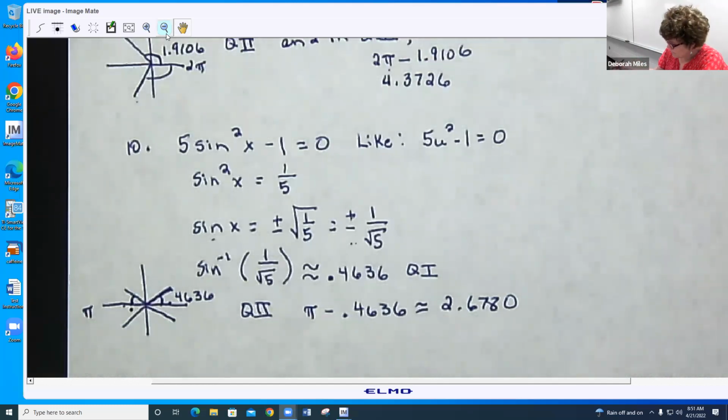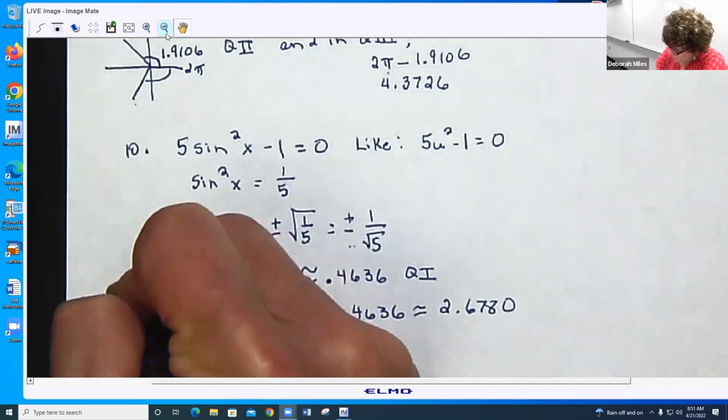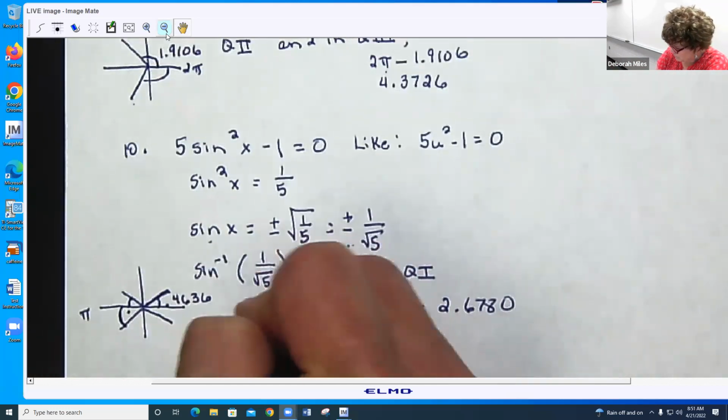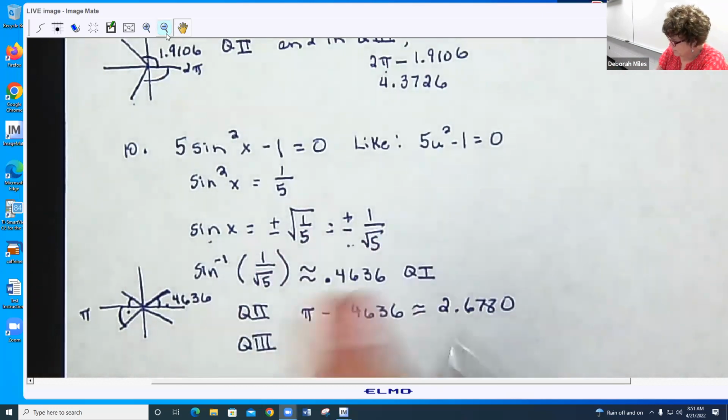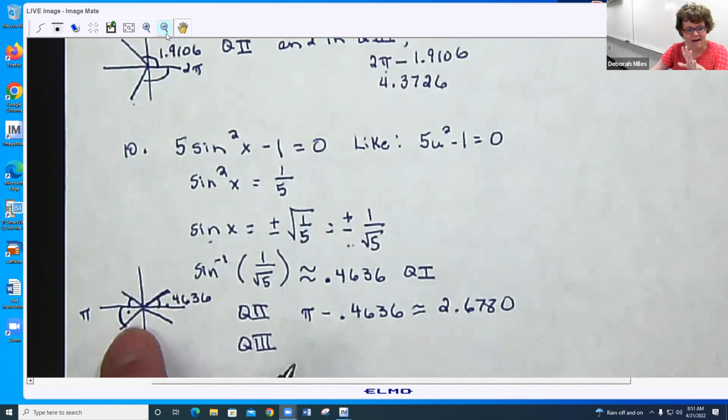All right. What about this third quadrant angle? I'm about half a radian. I'm just using about a half. How do I find the angle that's about half a radian past pi?